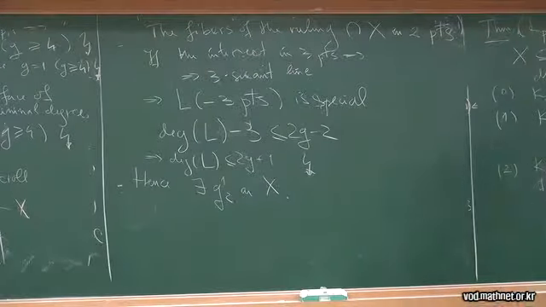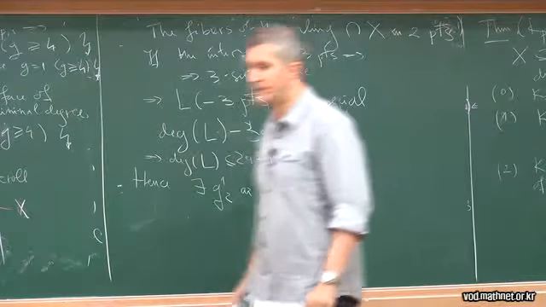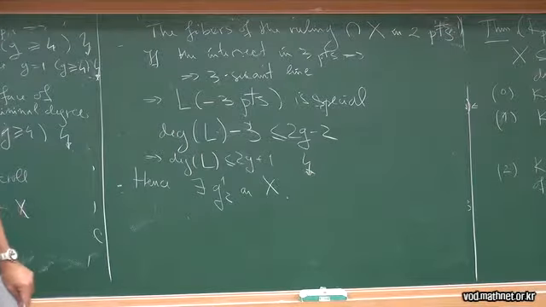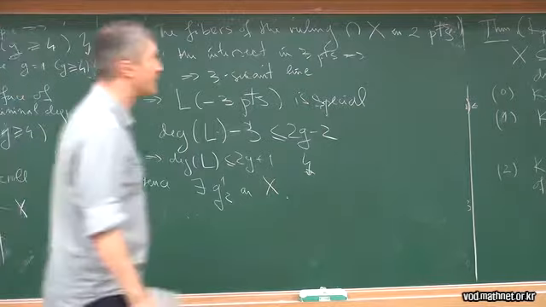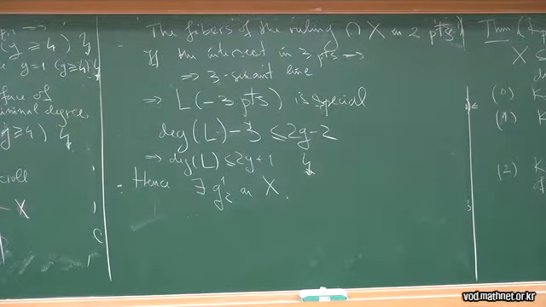Now, what's the generalization? In this theorem, it is assumed that the variety is linearly normal, and of positive dimension. So what can you say without assuming linear normality?